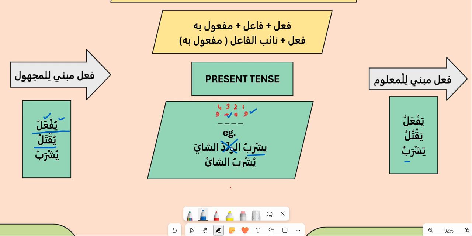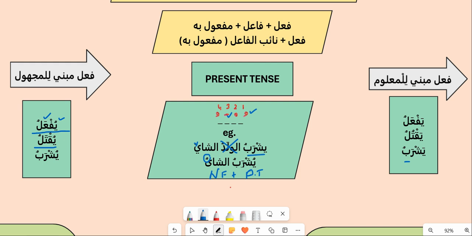Now you need to take the maful bihi in place of the fa'il. When the maful bihi takes the place of the fa'il, the fatha is removed and it takes the dhamma. Now this is the na'ib al-fa'il, and this is the passive verb. So it has only two parts, the passive verb and the na'ib al-fa'il. This is how you change the present tense into majhul.